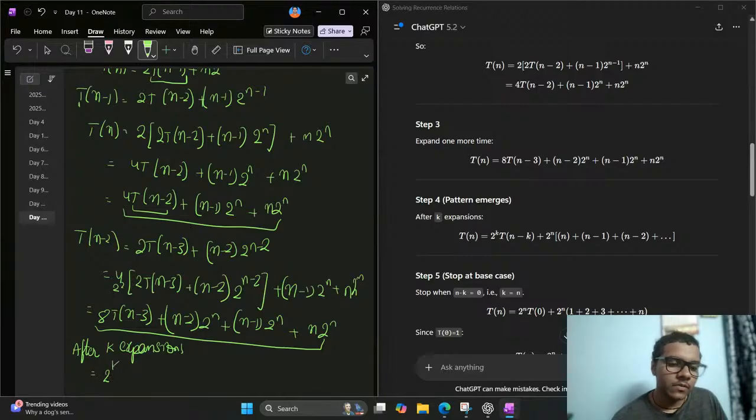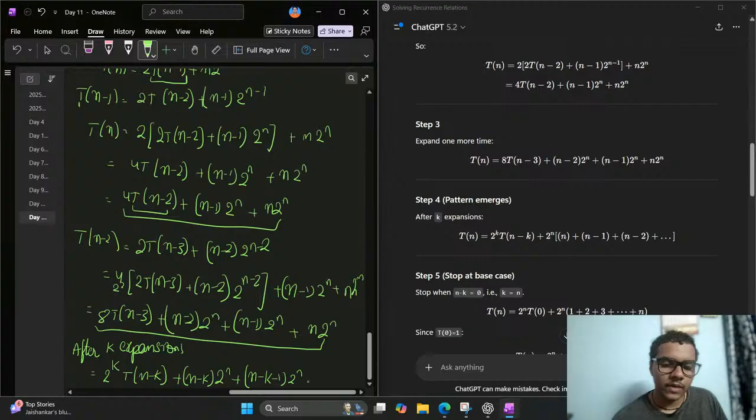So it becomes 2 power k T(n minus k) plus, taking 2 power n common, terms like (n minus k minus 1) into 2 power n plus n into 2 power n.